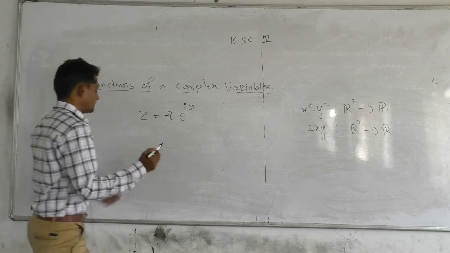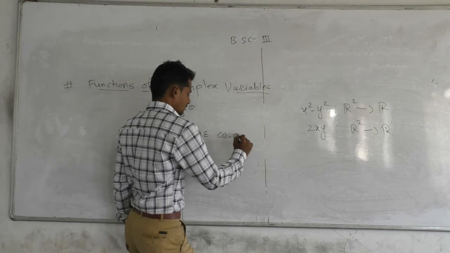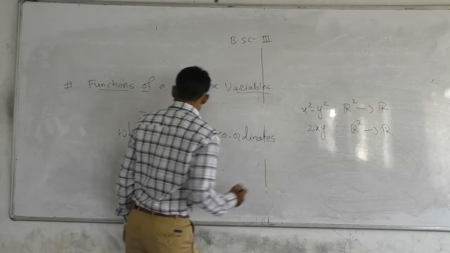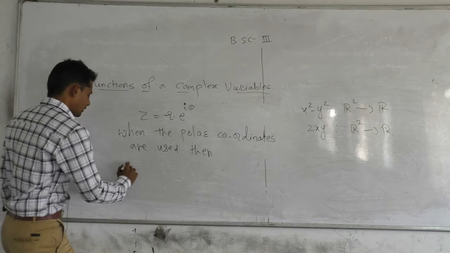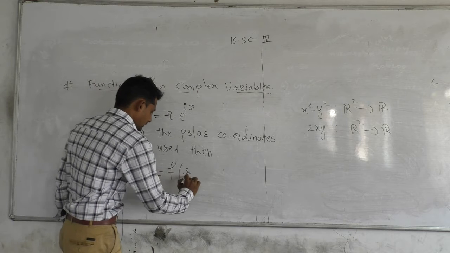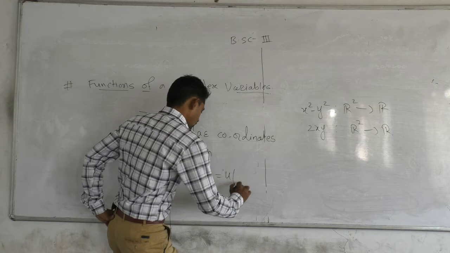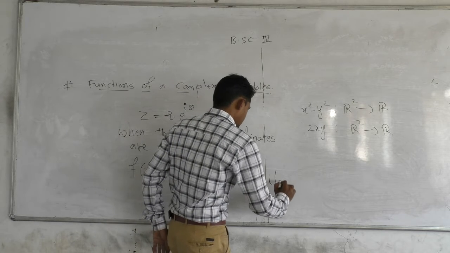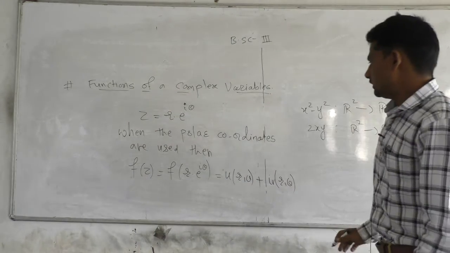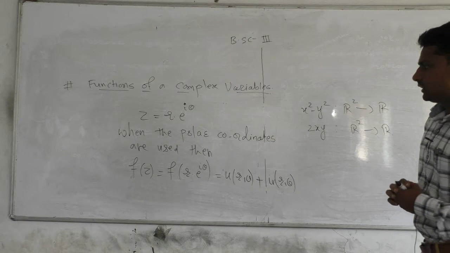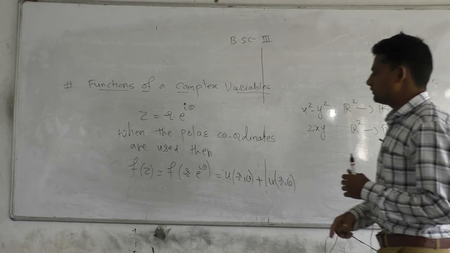So when polar coordinates are used, f of z is equal to f of r e raised to i theta, which is equal to u of r,theta plus i times v of r,theta.